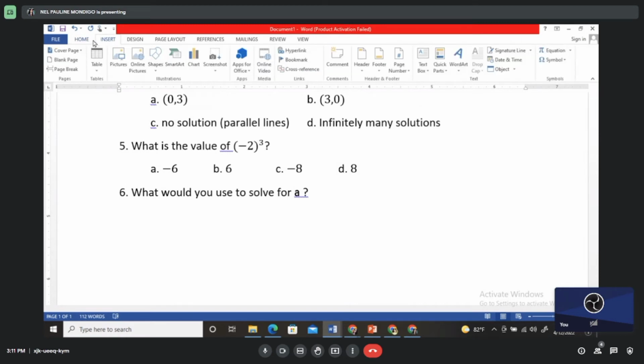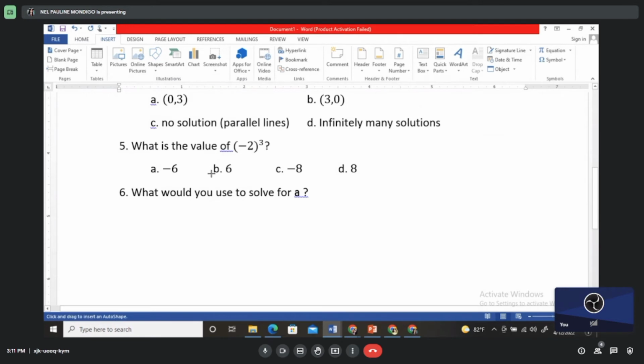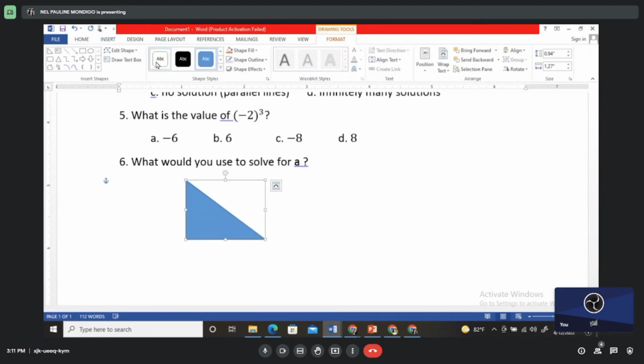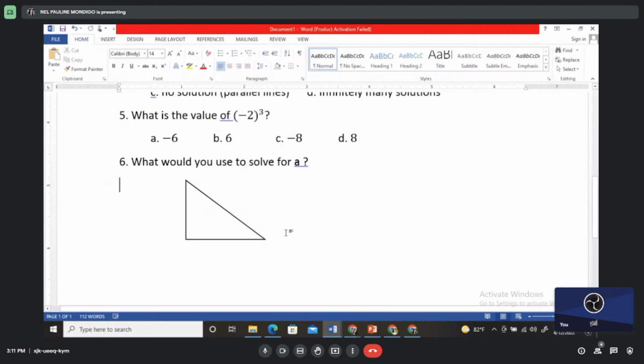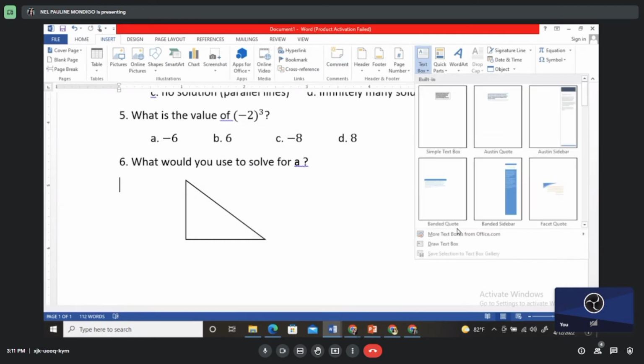So go to shapes, find the right triangle because you're referring to trigonometric ratios. Here, okay, then make it black and white, black outline, and to add labels, let's insert and add text.